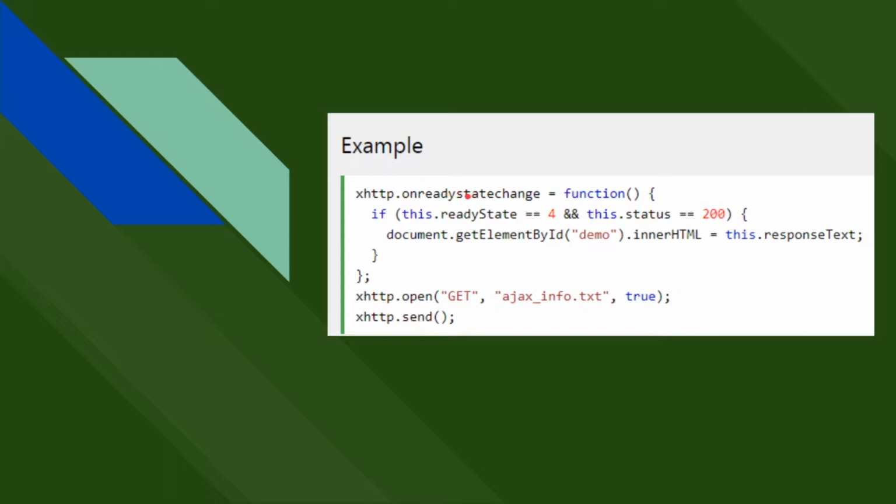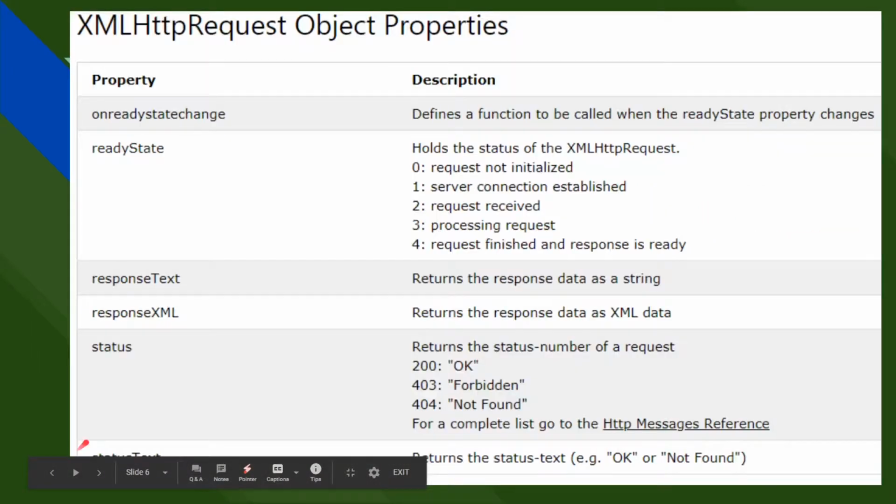Whenever this property is triggered, a function is called. The main purpose of this function is to check the readyState and the status code.